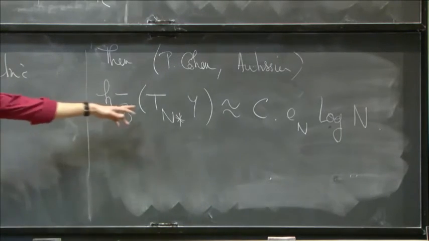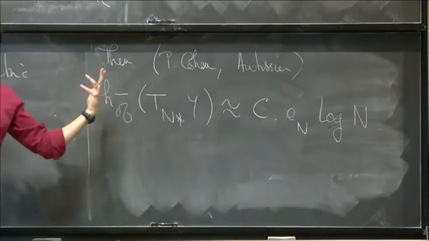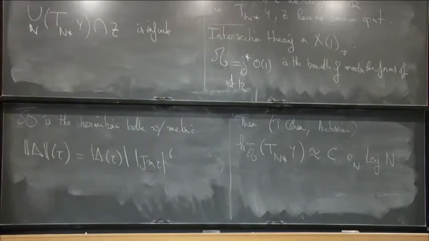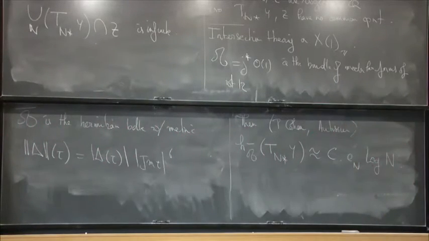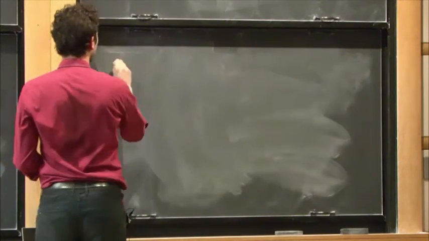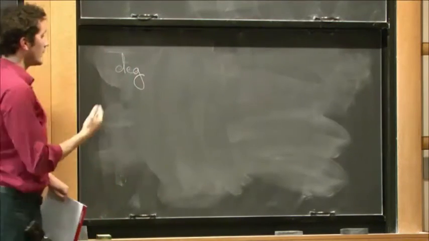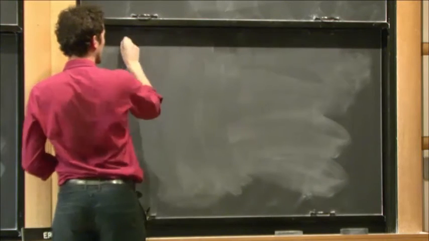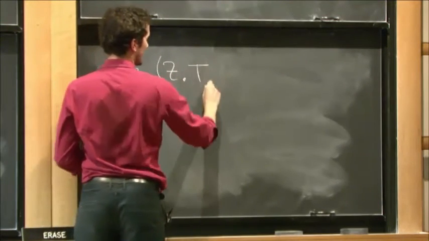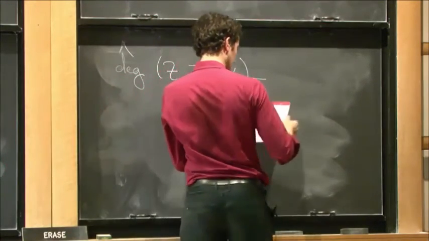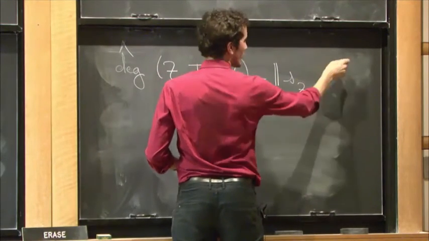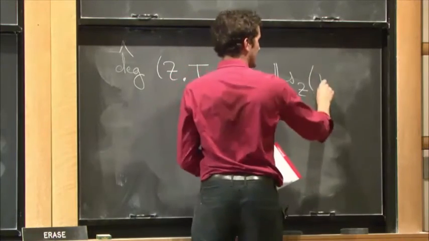And so, of course, this height of Tn lower star y with respect to this line bundle can be computed by a very specific section of the line bundle, which is given by Z. So if we phrase that in terms of intersection numbers, we have the following thing. The height there is going to be controlled by two things. First, a suitably weighted intersection number, so the degree of Z intersected with Tn lower star of y, minus something like, okay, I will explain notation in just a second.